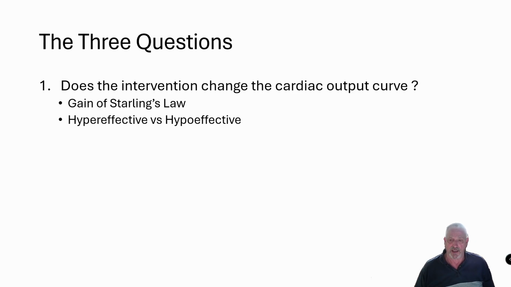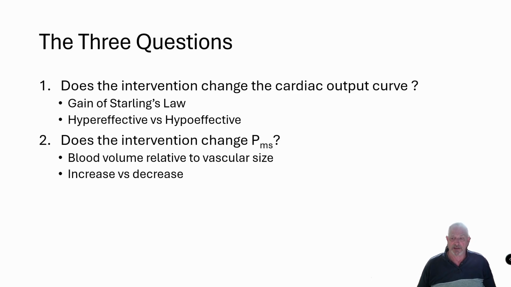The second question we want to ask is, does the intervention change the mean systemic filling pressure? Here we're asking, does it change the blood volume relative to vascular size? If it increases the volume in the container, the blood volume relative to container size, so an increase in blood volume or a decrease in container size, we're going to get an increase in mean systemic filling pressure.